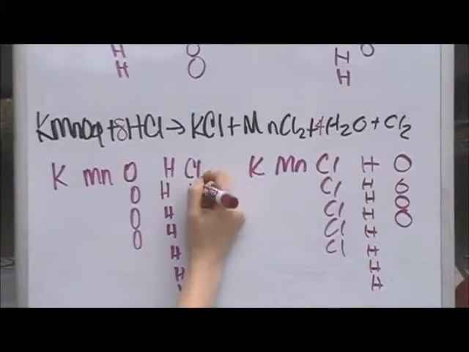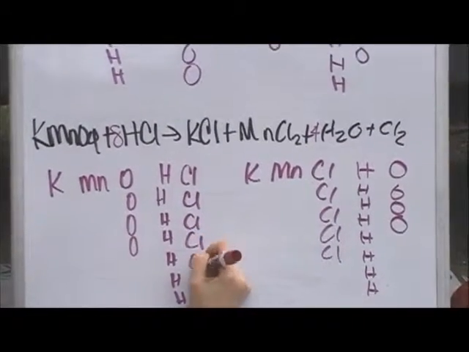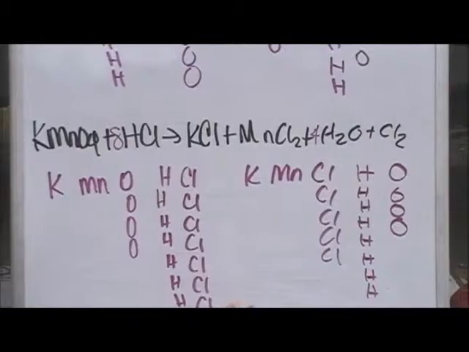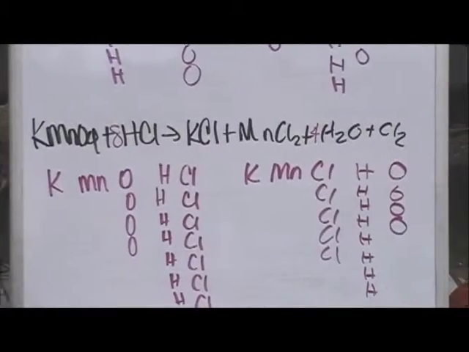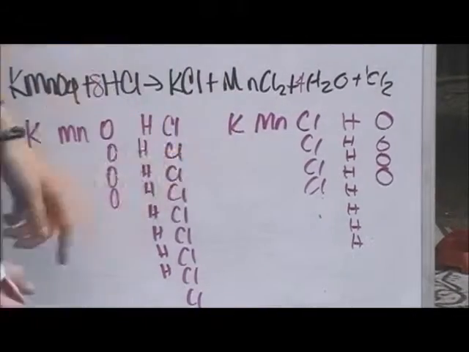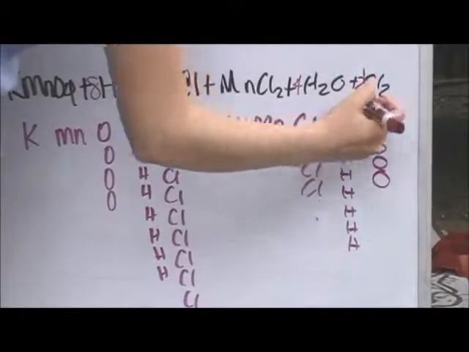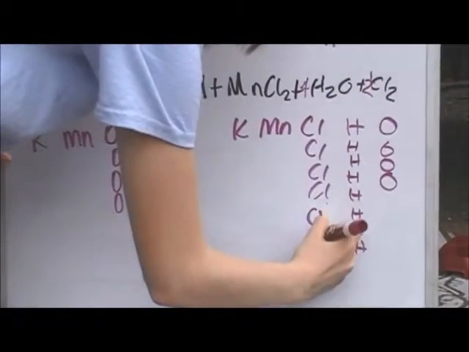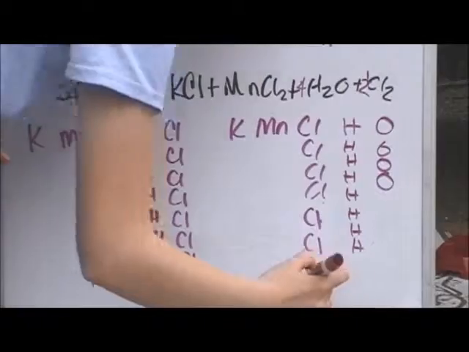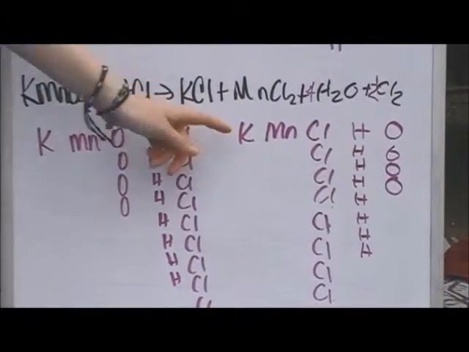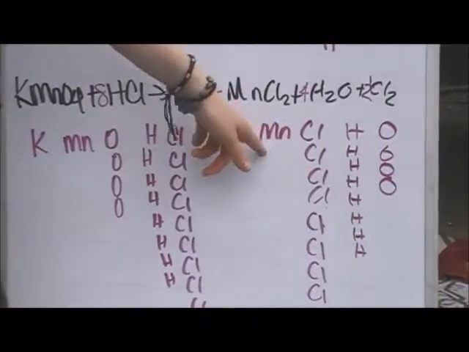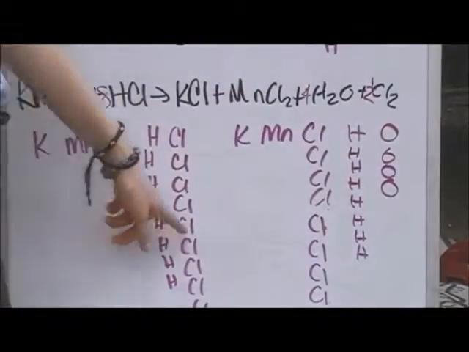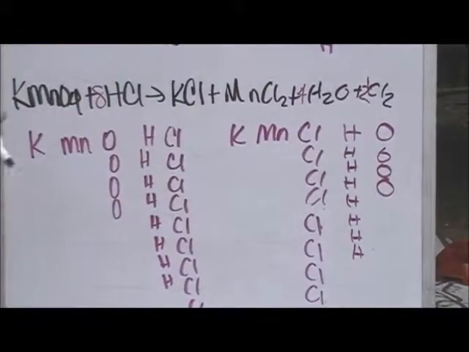But we also now need 8 Cl's. Also on this side, we need 8 Cl's over here. So we're going to put a 2 in front of the Cl2 to give us 4 more Cl's. So now we have 1 K, 1 K, 1 Mn, 1 Mn, 4 O's, 8 H's, and 8 Cl's on each side.